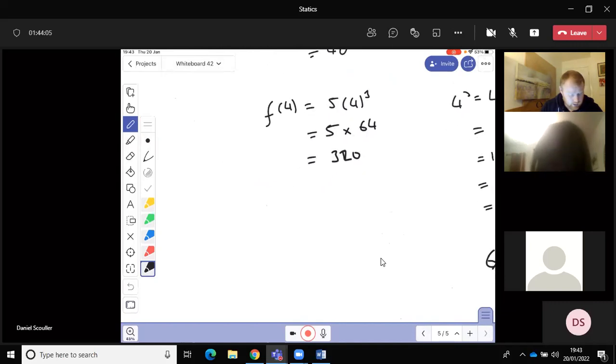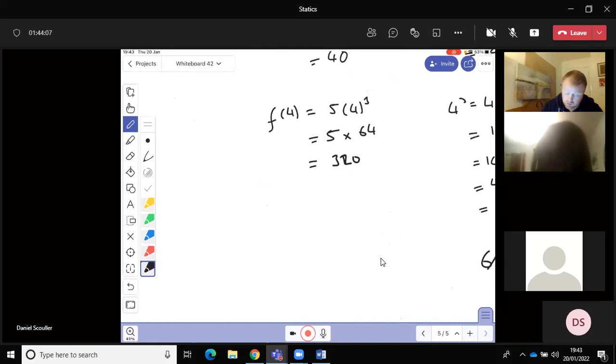Let's have a wee think about if f(t) equaled 135. We're getting different letters of input, but we're being given our output. So we're substituting that letter in where the x is, and then equating it to 135. So we're just writing 5t cubed equals 135.